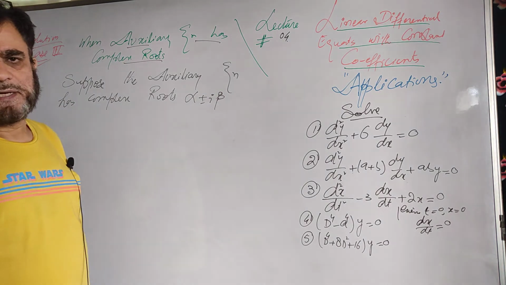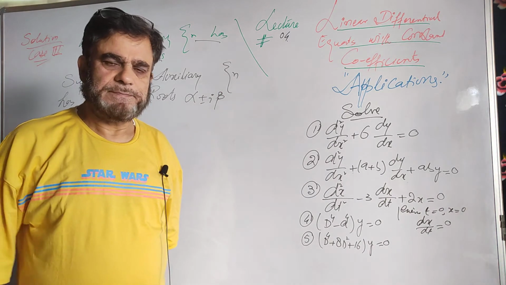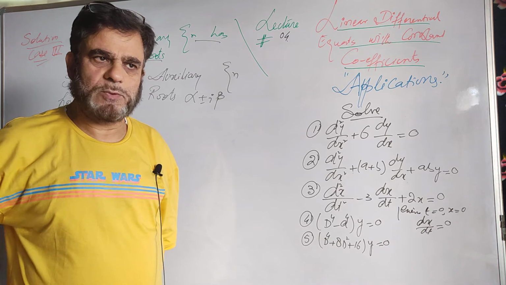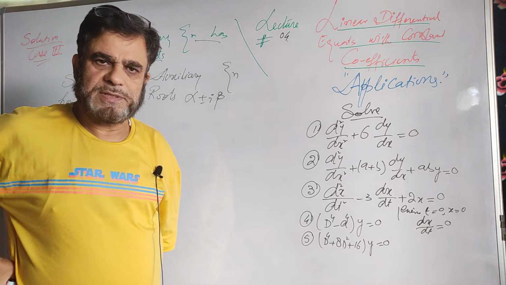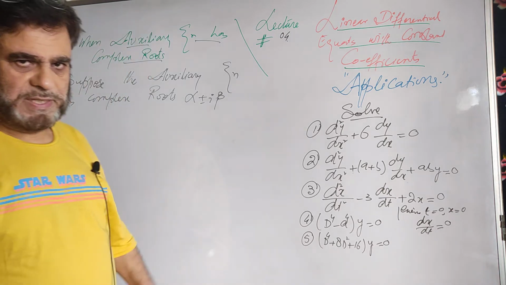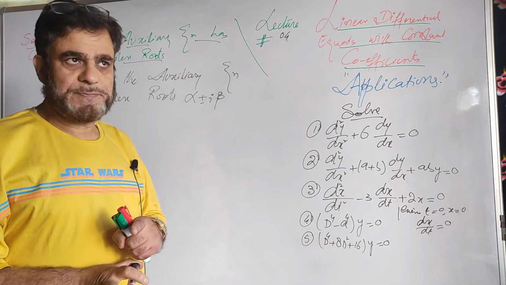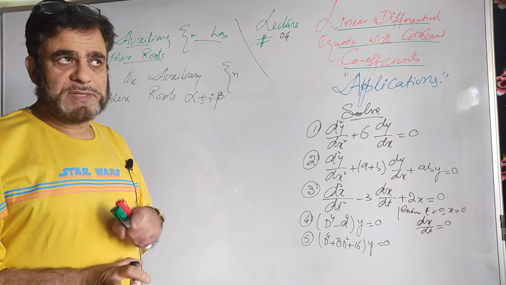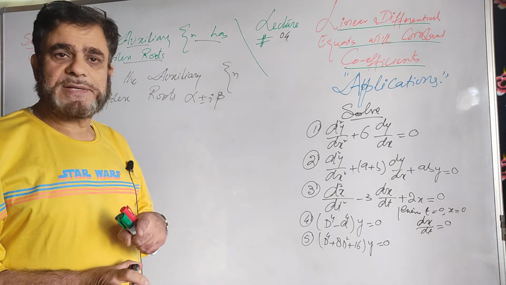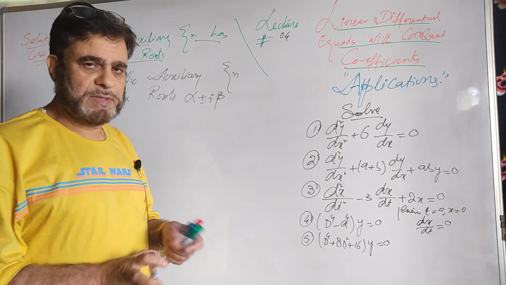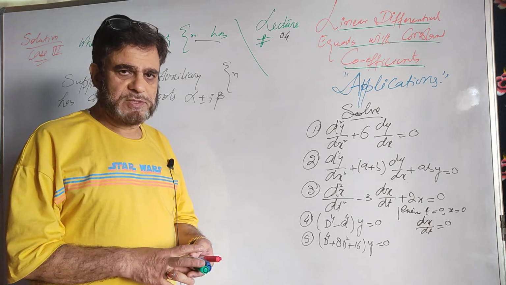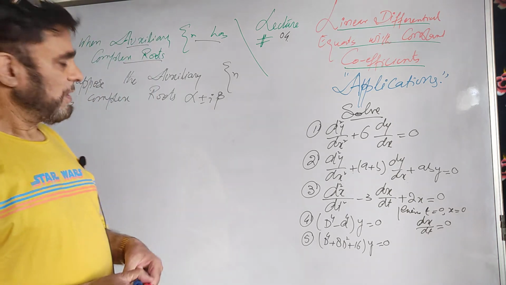Note that you cannot have only alpha plus iota beta. When the equation has real coefficients, the roots occur in conjugate pairs. If one root is a plus iota b, then the second must be a minus iota b. You did this in your lower classes, in school mathematics.